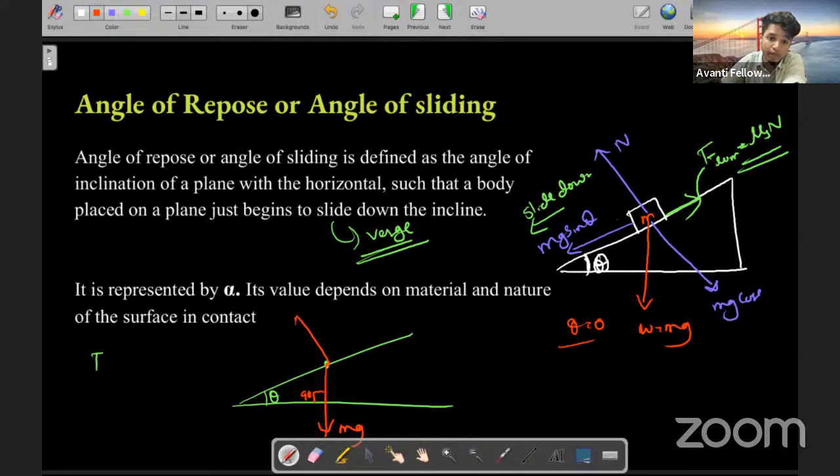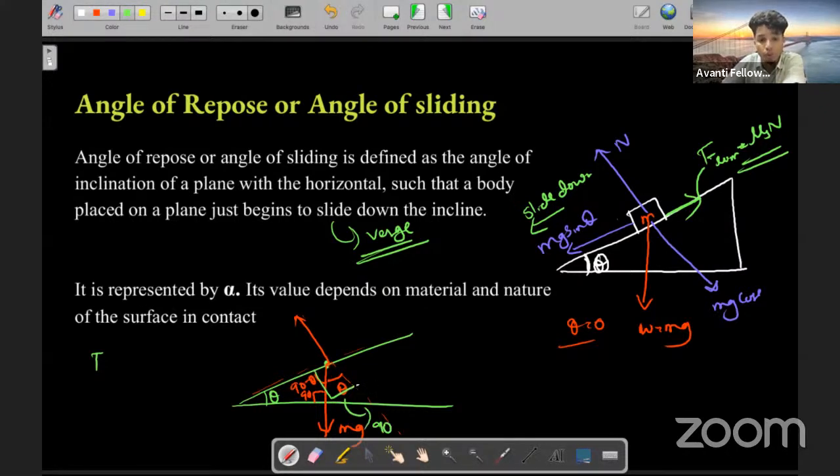If there's a normal acting, and I'm taking this line and this component, this is theta. Obviously, this is 90 minus theta. Now you know that this whole angle is 90.